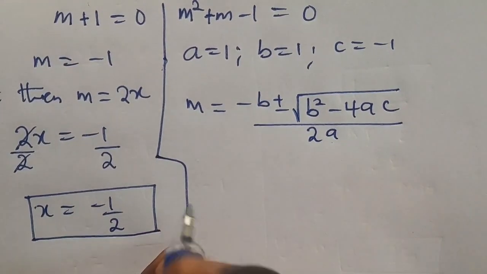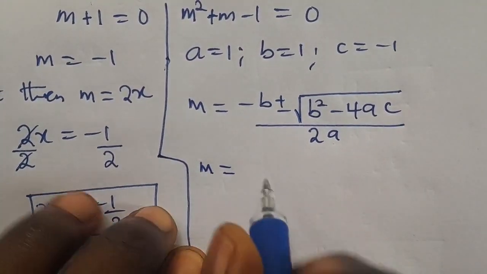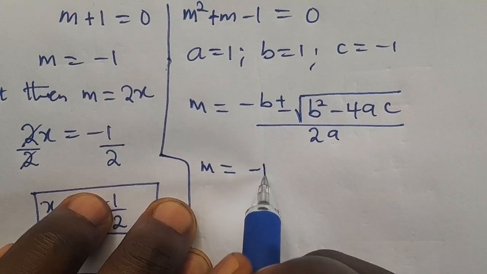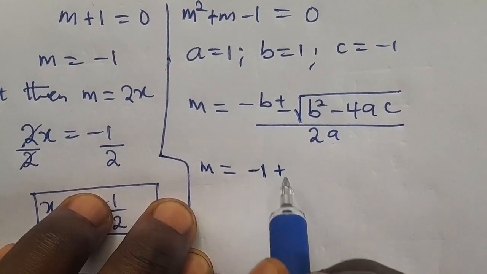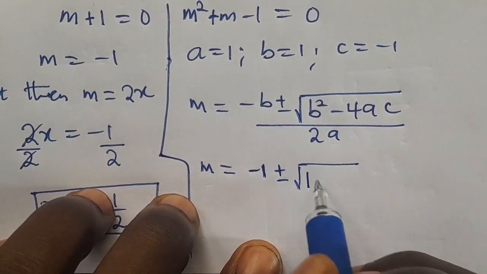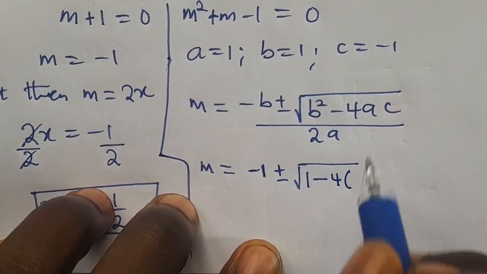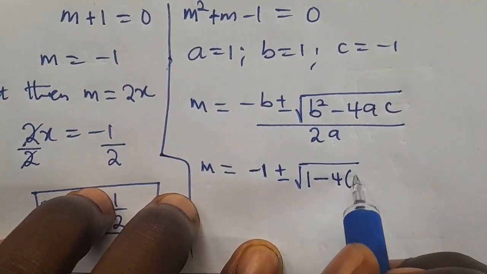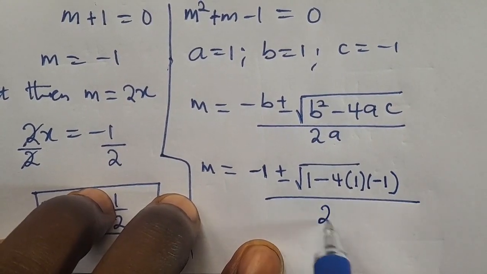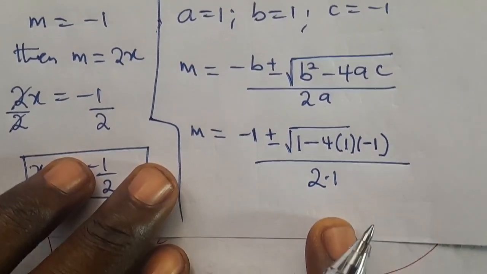So from here you have m equals minus 1, positive or negative, root of minus 1 squared, which is 1, minus 4 multiplied by a, 1, multiplied by c, minus 1, divided by 2 multiplied by 1.